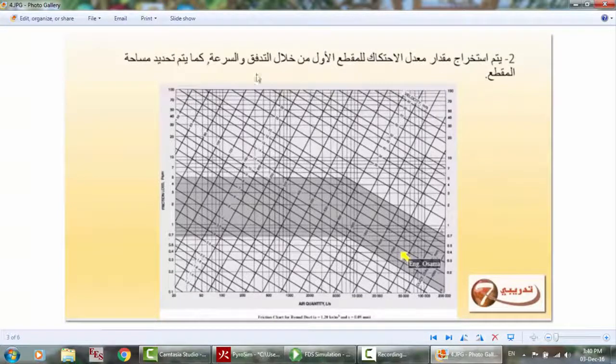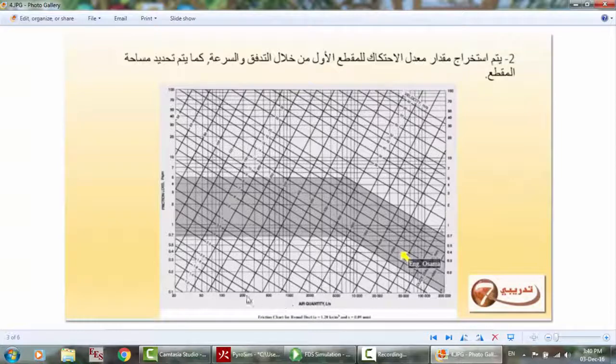We're going to talk at first about the MAP method or the manual method. Then we're going to talk about the duct sizing by the software program, the Duct Mate. Okay, so please have patience. Don't worry. This is by Angel Osama.